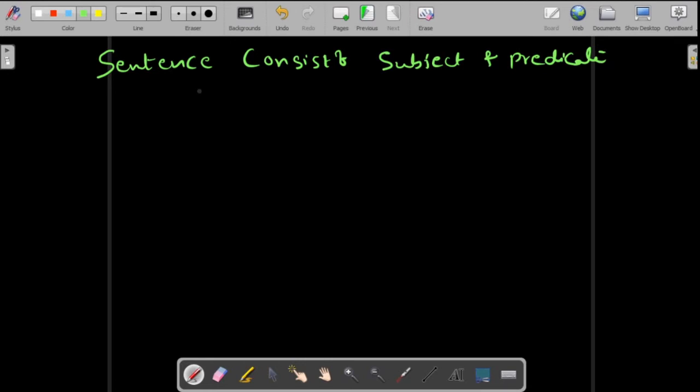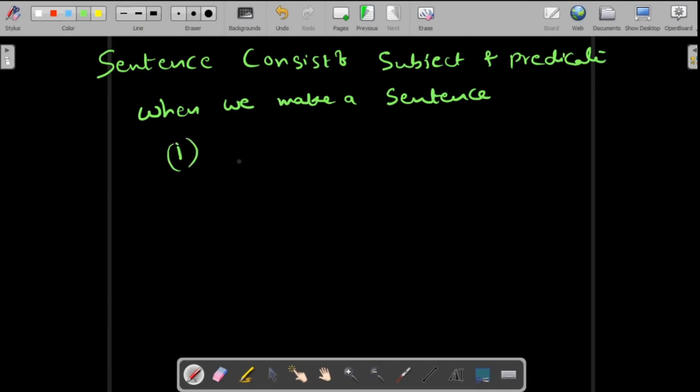Okay, when we make a sentence, we use two steps.